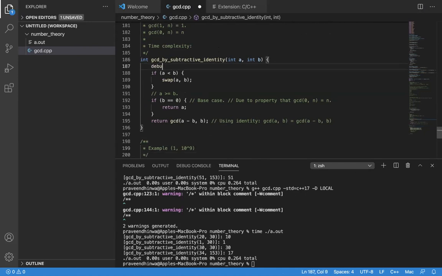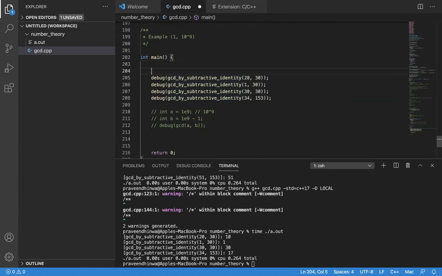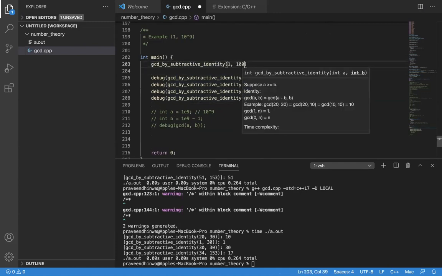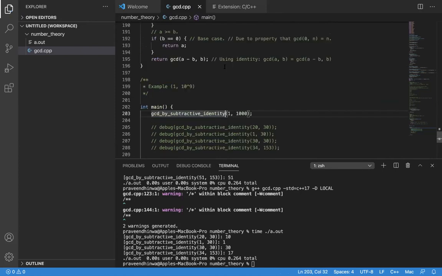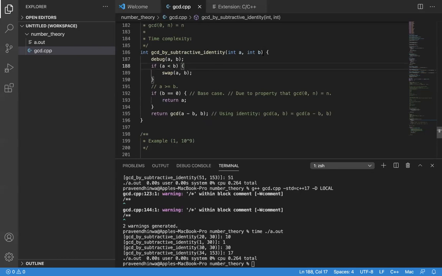Let's print the value of a comma b in each iteration, and I will call this for, let's say, 1 comma 1000. In the first step, a will be 1, b will be 1000. Then it will swap a comma b: a will become 1000, b will become 1.